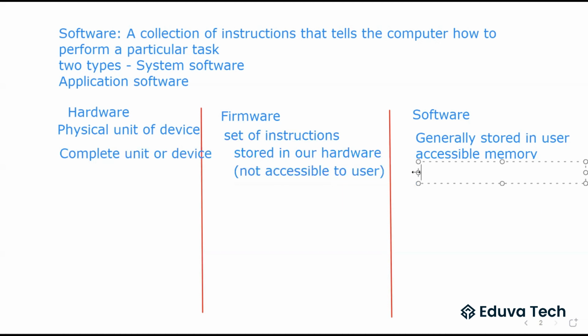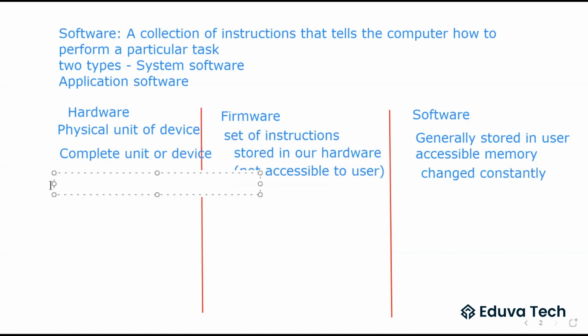Software is changed constantly. We can change our software constantly. Hardware can be changed after production.